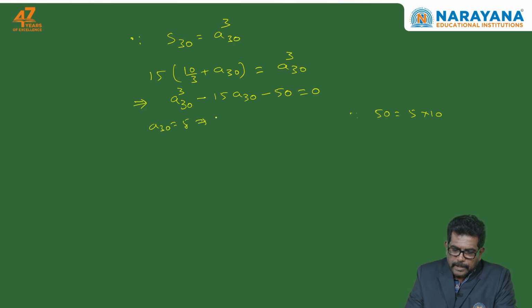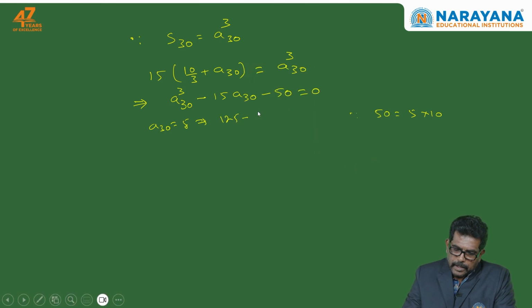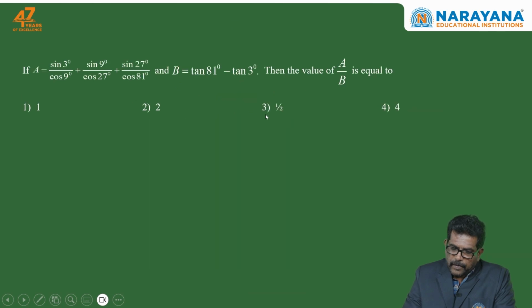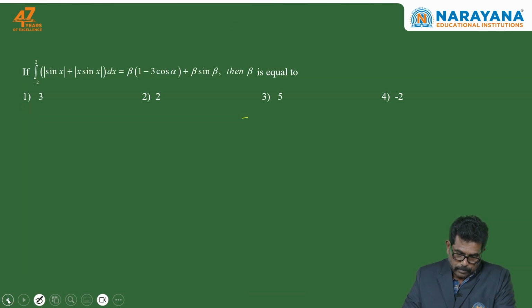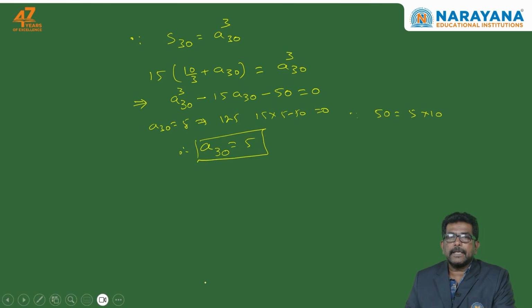By substituting A30 is equal to 5, this becomes 5 cube, which is 125, minus 15 into 5, which is 75, minus 50. This is equal to 0. Hence, A30 is equal to 5.